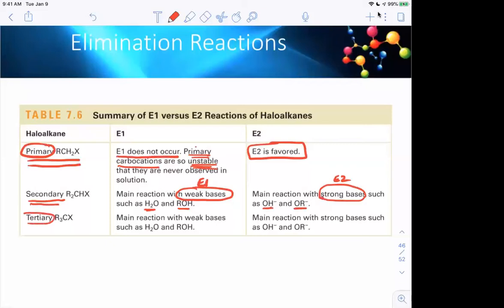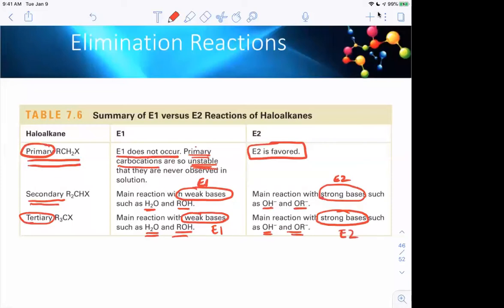If I have a tertiary, again, if I have weak bases, I'm going to get elimination and it's going to go through E1. And if I have strong bases, I'm going to get elimination and it's going to go through E2.